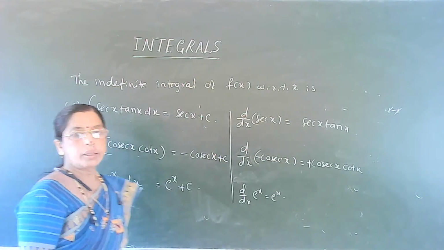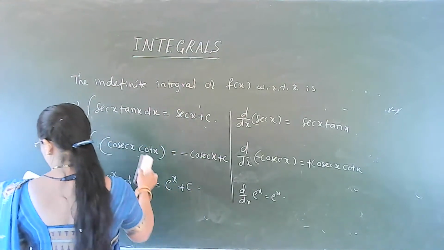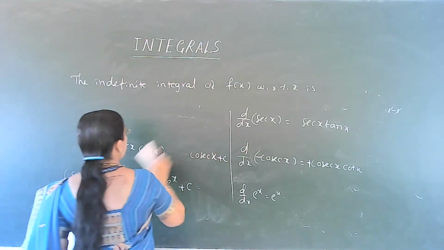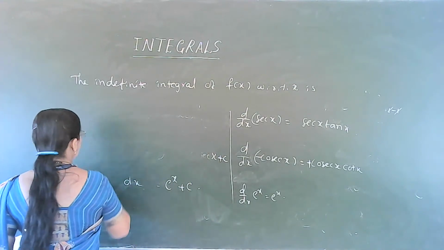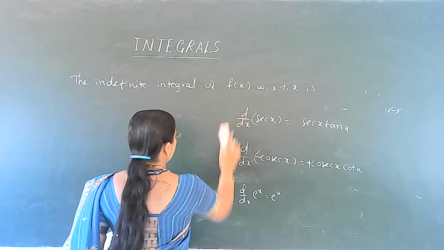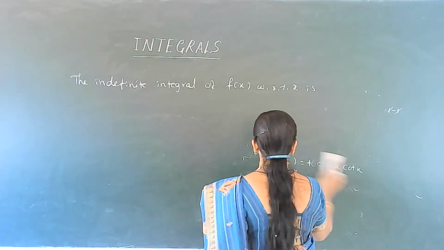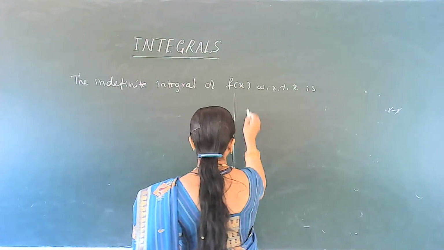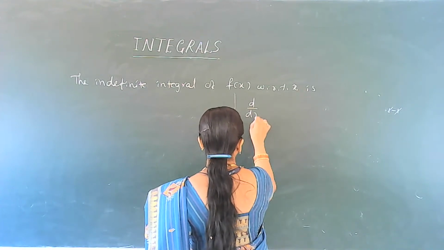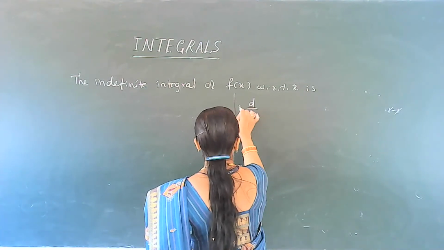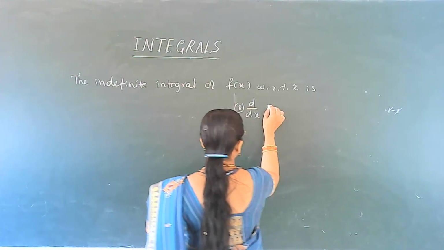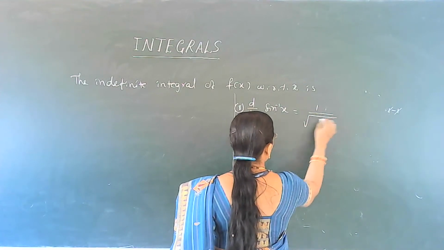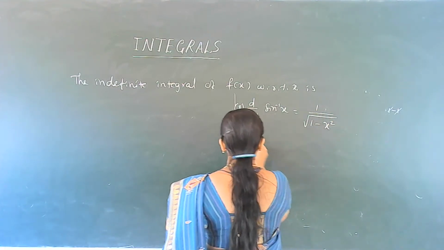Then you should know the derivative of inverse functions; then we can find the integration. Take one: d by dx of sin inverse x is equal to 1 by square root of 1 minus x square.